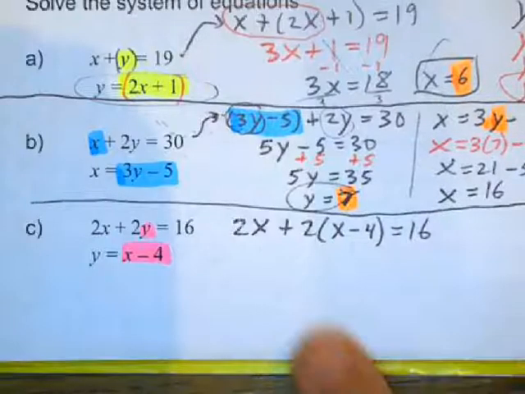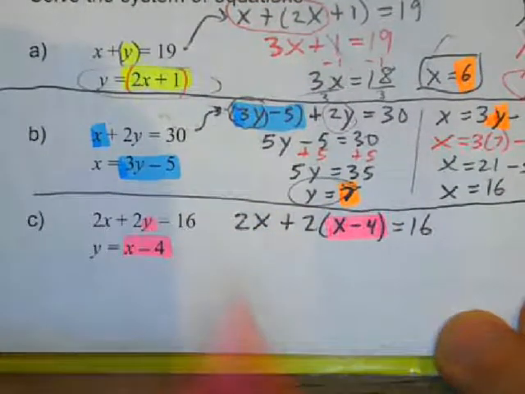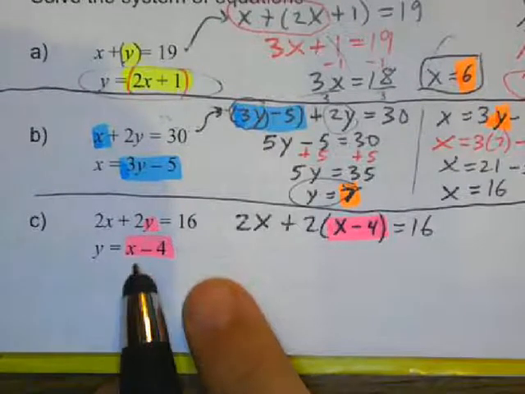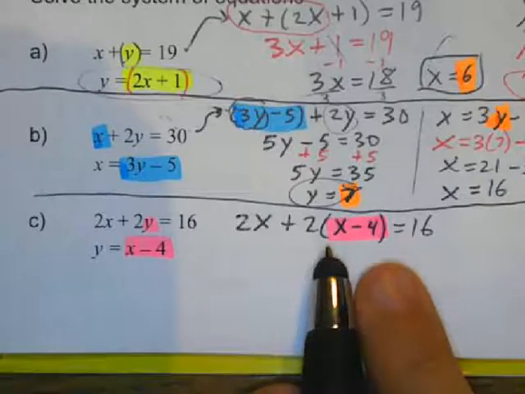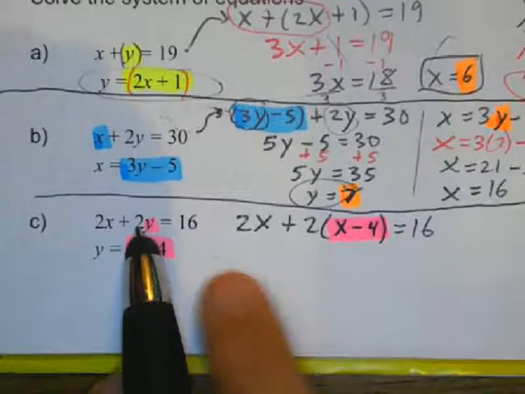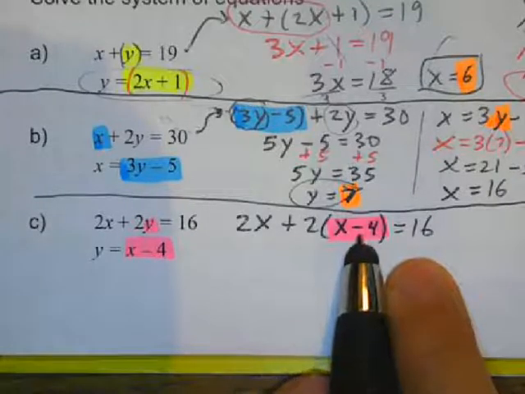The parentheses is really important because I'm replacing y with x minus 4. And these parentheses are needed because this 2 is going to have to be distributed to each item in the parentheses.